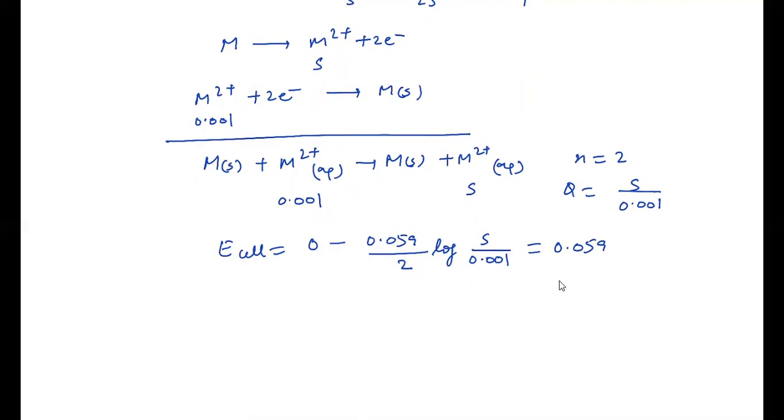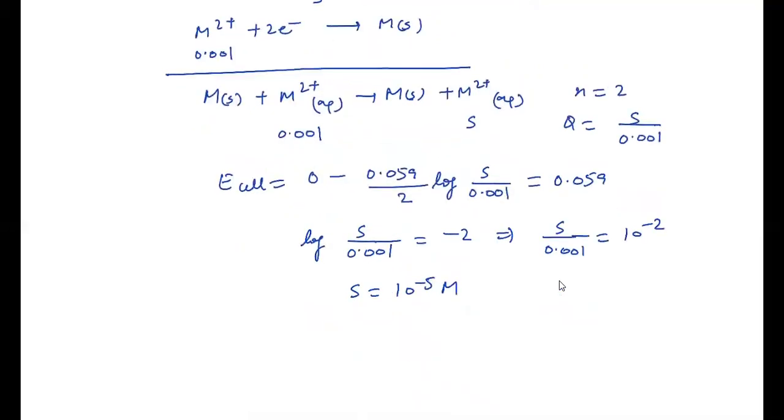So if you equate the two terms, it becomes log of S upon 0.001 is equal to -2, or from here we can write S upon 0.001 is equal to 10 to the power -2. And from here we'll get solubility is 10 to the power -5 M, and KSP is given by 4S cube.